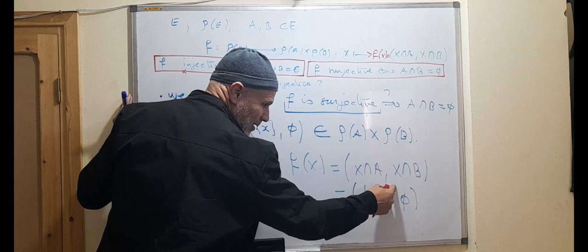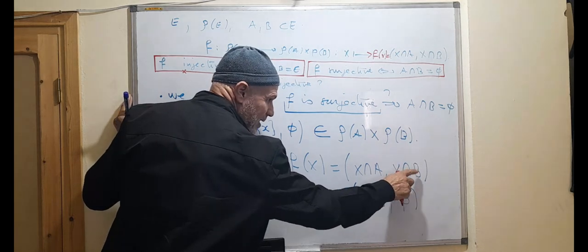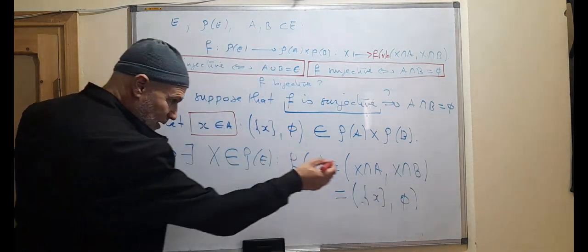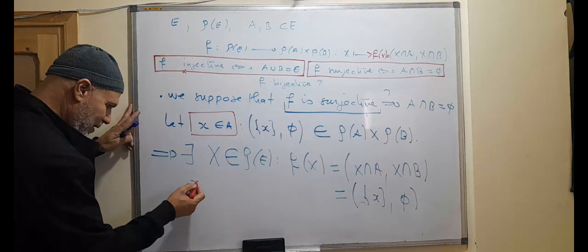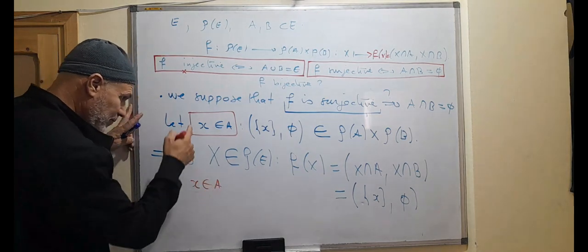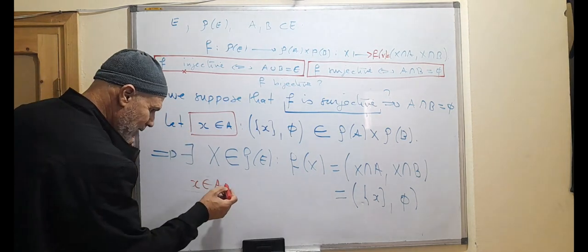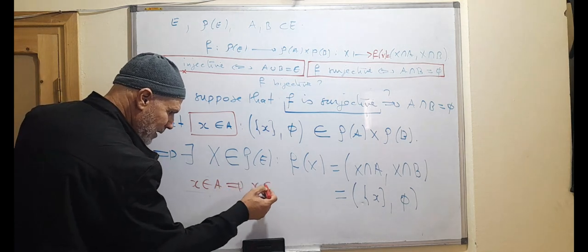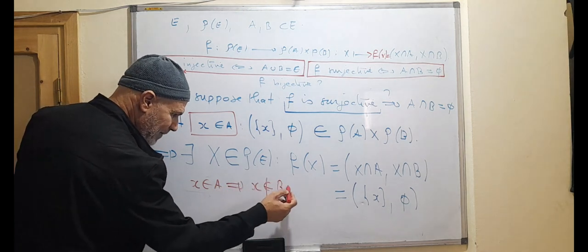This means that x isn't in B. So from this, we deduce that x belongs to A by hypothesis, and this implies that x isn't in B.